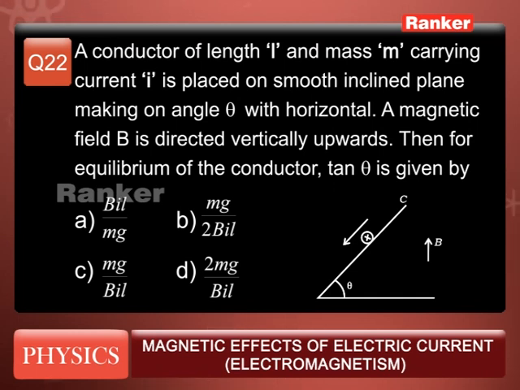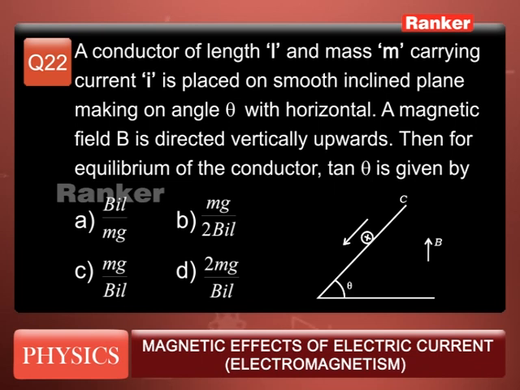Then for equilibrium of the conductor, what is the value of tan theta? He is asking you, for equilibrium of the conductor, tan theta is given by 4 options. The first option is BIL by mg.